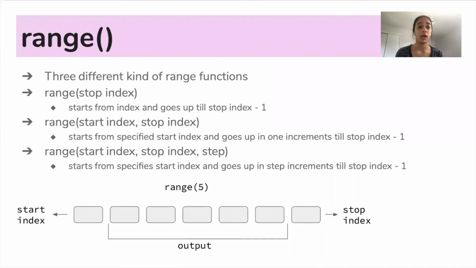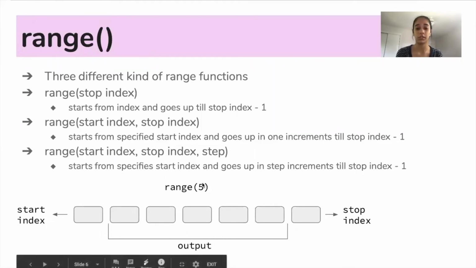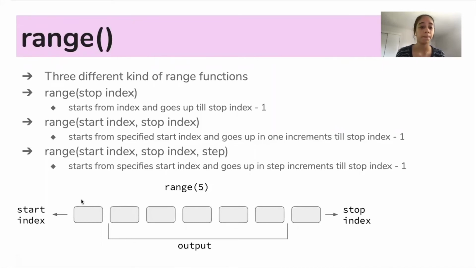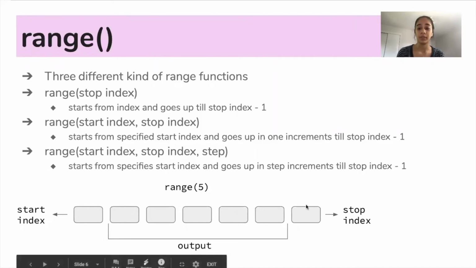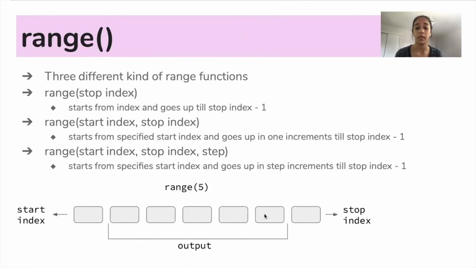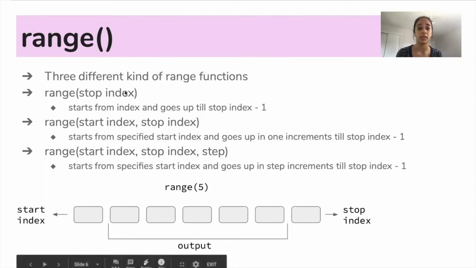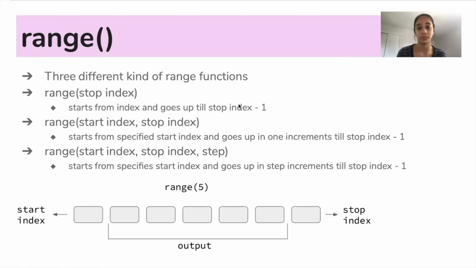So if I call the range function with 5 as my stop index, the start index will be 0 and the stop index will be 5, but we print out the numbers from 0 up to 5. So you're going to have 0, 1, 2, 3, and 4. It won't print out 5 because the range function only goes to the stop index minus 1. You should be careful of that because sometimes people can get confused.